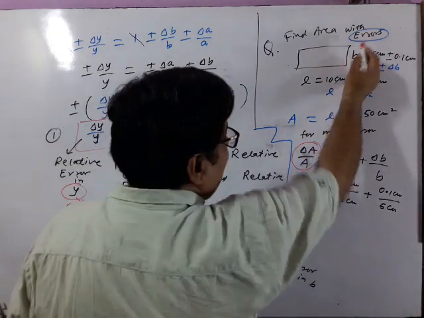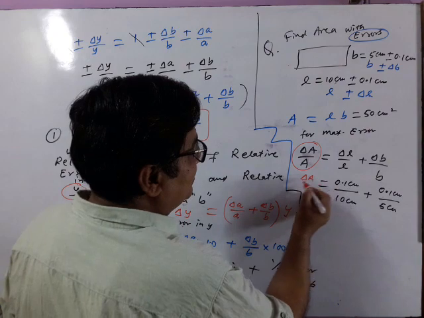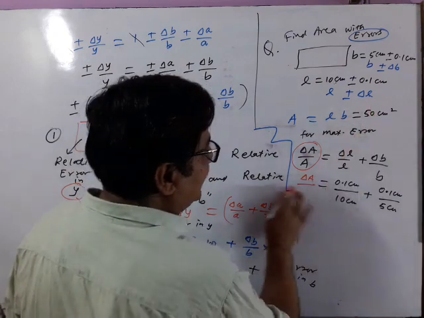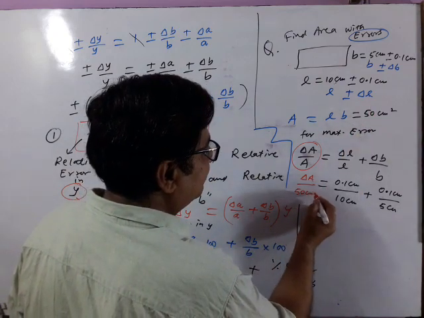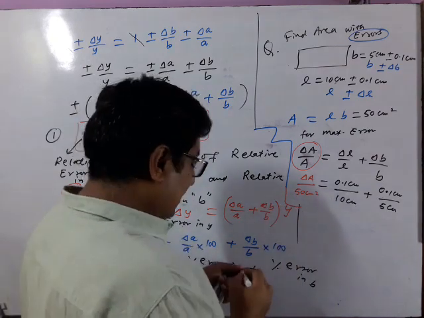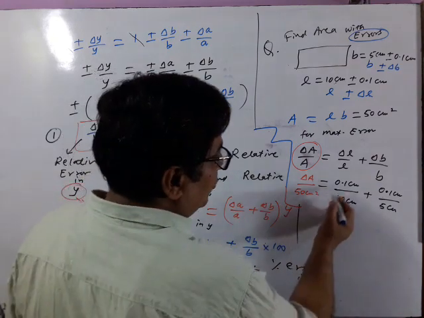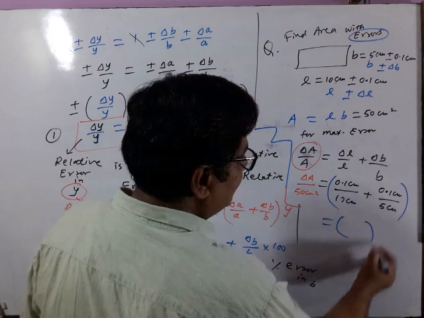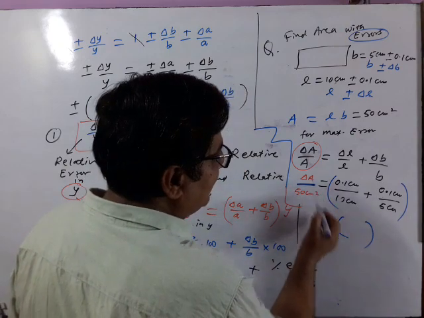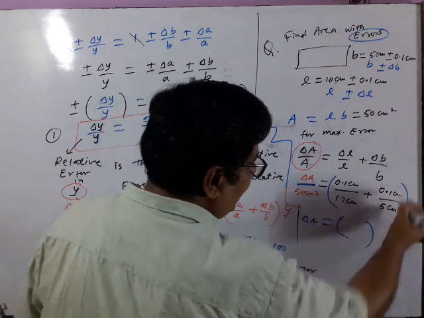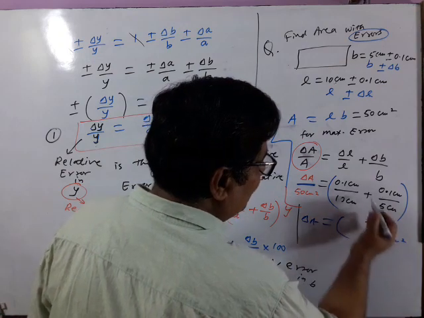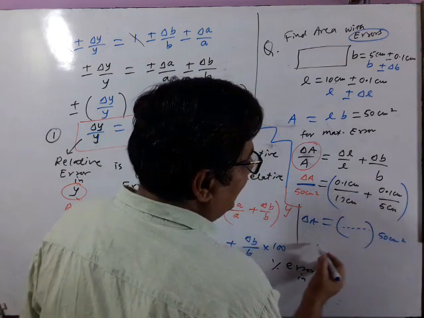If you are finding error, you will write it like this, delta A upon 50 centimeter square. Now how will you find it? You will solve this bracket and you are finding this delta A. So this will be this side 50 cm square. This whole calculation can be done by you.